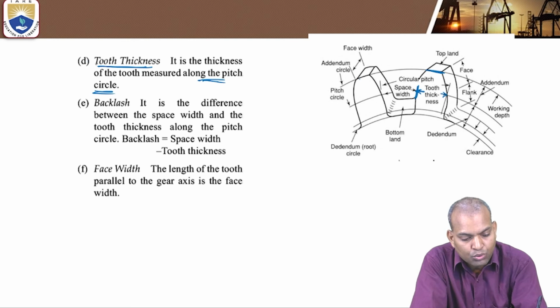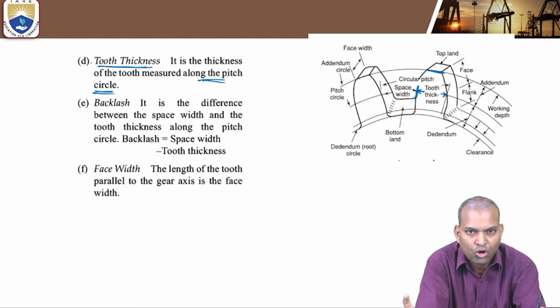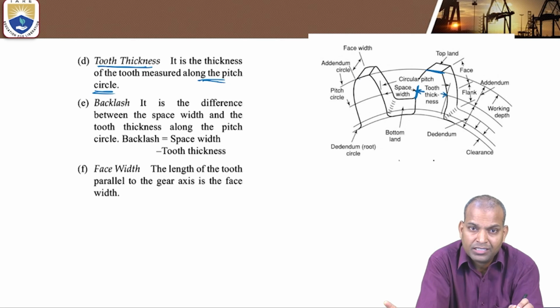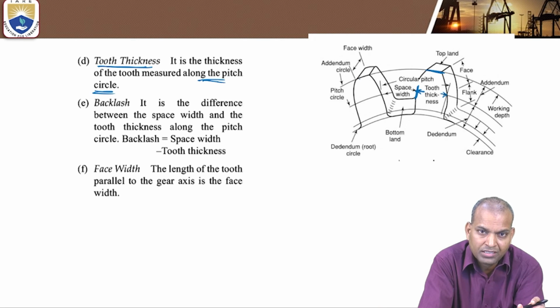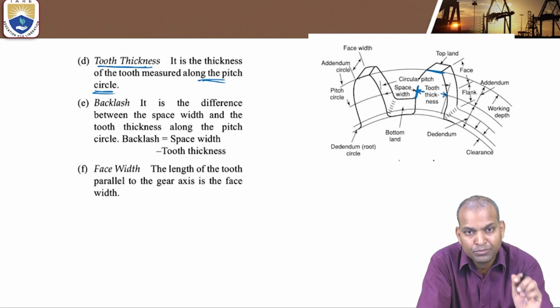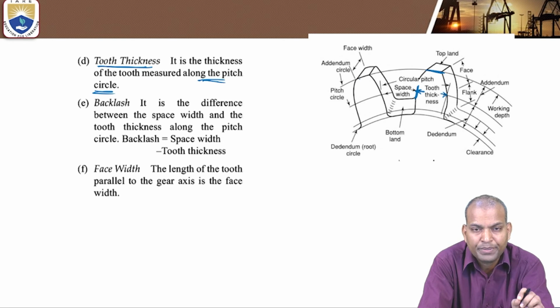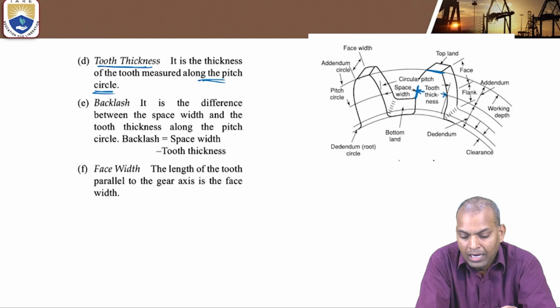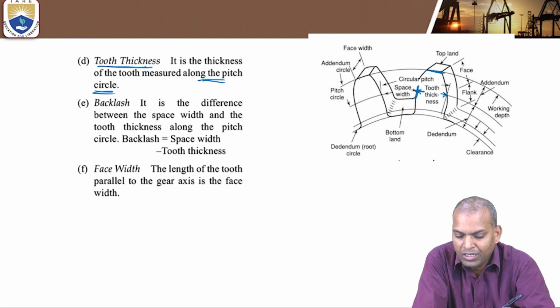Now, tooth thickness is also measured along the pitch circle diameter. Space width is the width of the space between two teeth, and that is also measured along the pitch circle diameter. And what is face and what is flank?